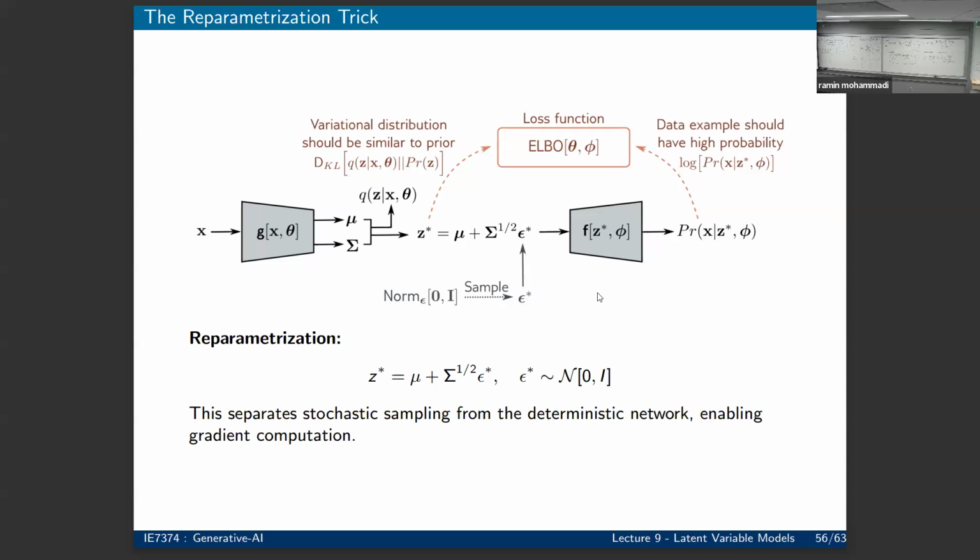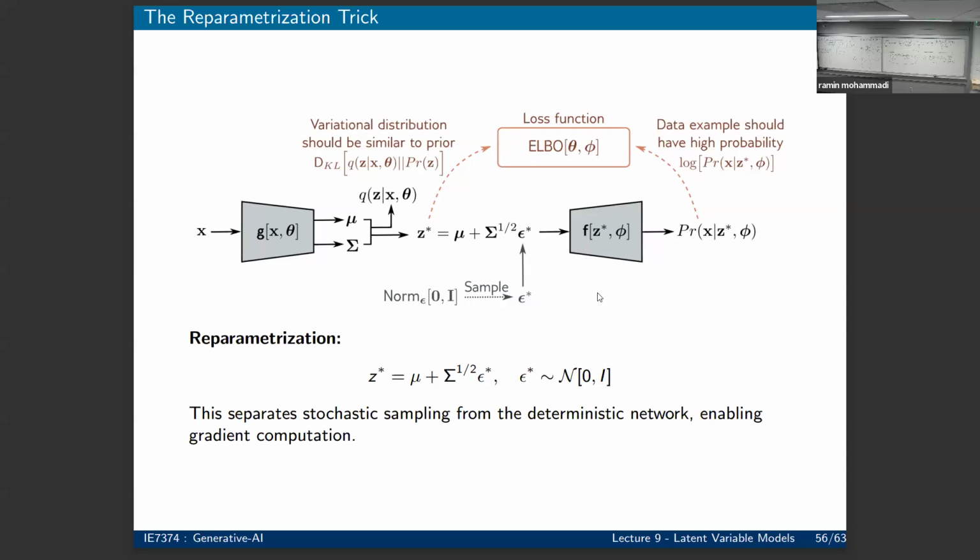So every time we want to generate a Z, we do mu plus covariance to the power of 1/2 times some random noise. This becomes a deterministic node instead of a stochastic one, because it's no longer sampling for Z. Z is a fixed value.